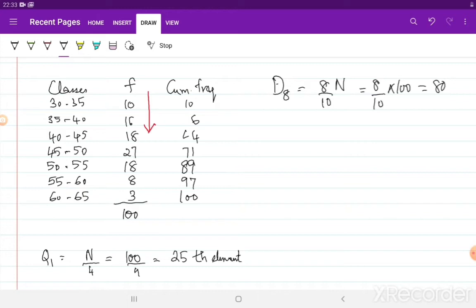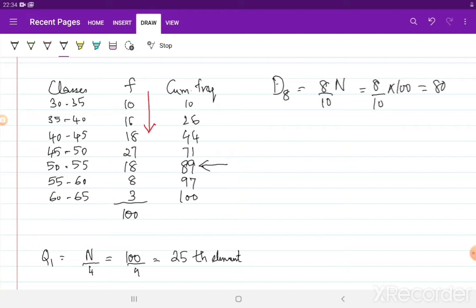So if you look up the cumulative frequency column to find the position of the 80th element, as you can see, the 80th element will fall in this class.